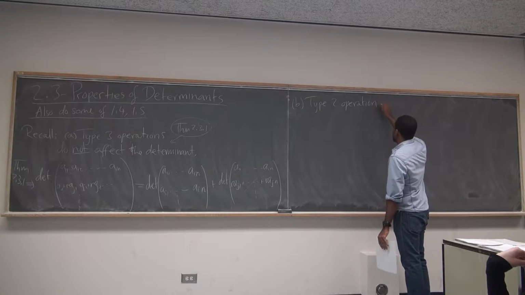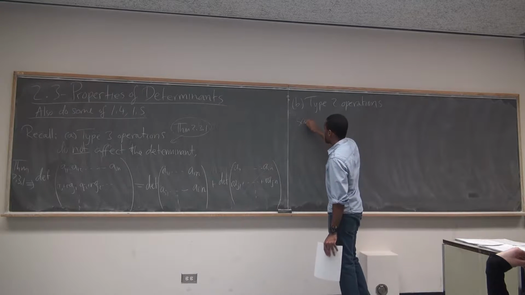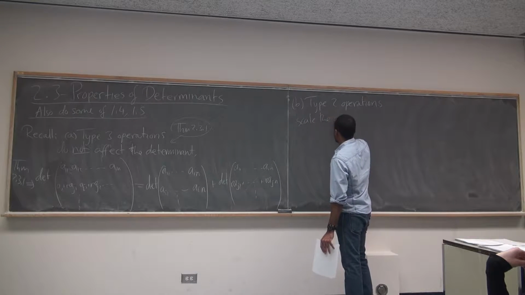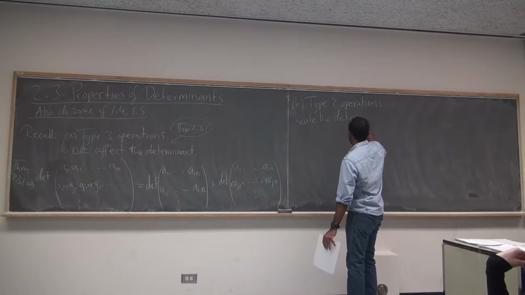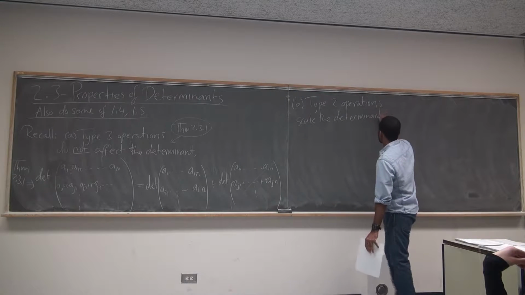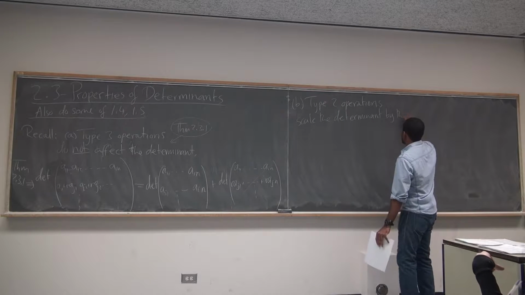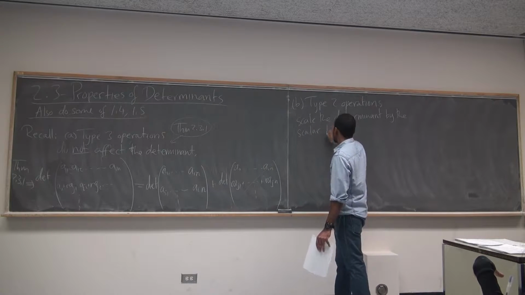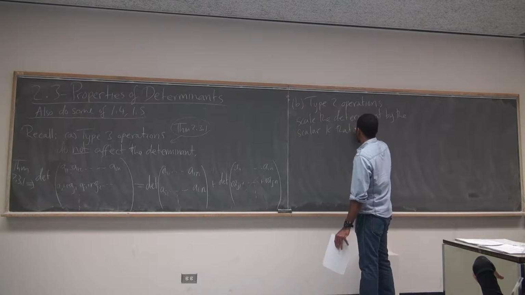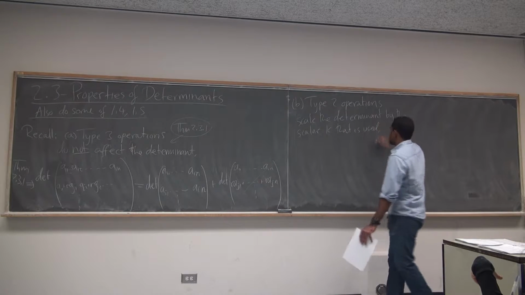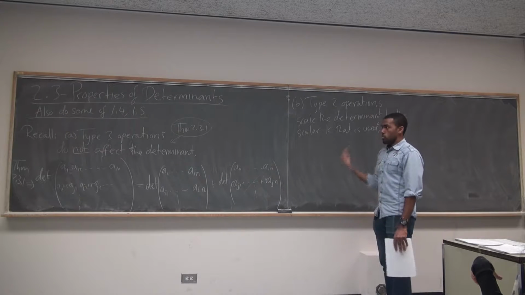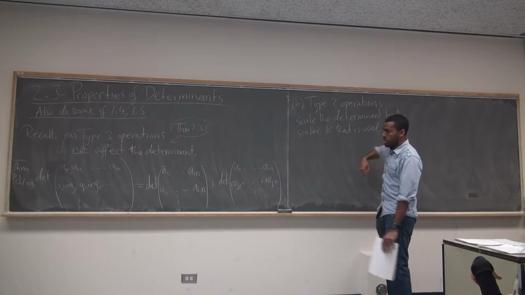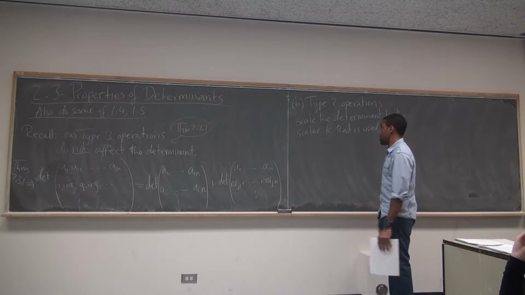Type 2 operations scale the determinant by the scalar k that is used. So the idea is take one row, multiply it by a non-zero constant, and you'd end up multiplying the determinant by that non-zero constant.